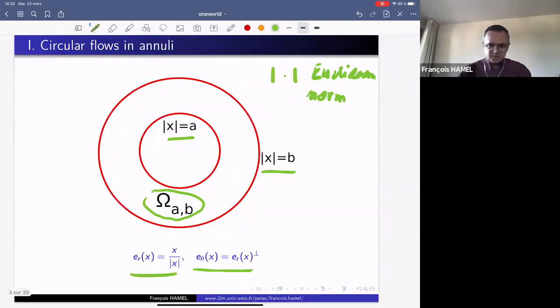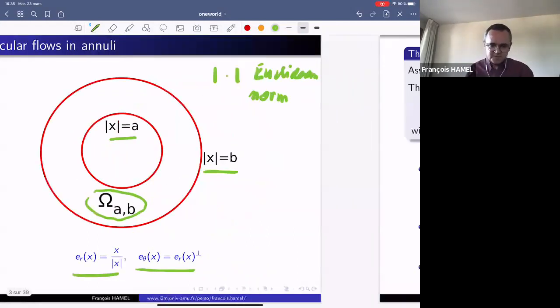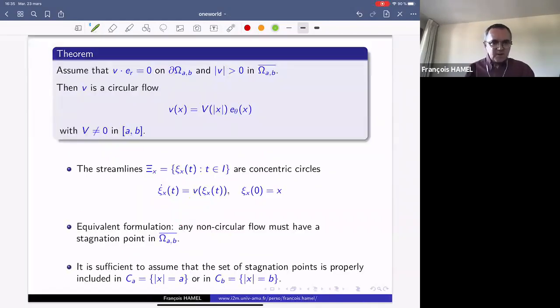The first result is this one. We consider a solution v of the steady Euler equations, and we assume that v is tangential on the boundary, which means that v dot E_r is equal to 0 on both connected components of the boundary of this annulus.